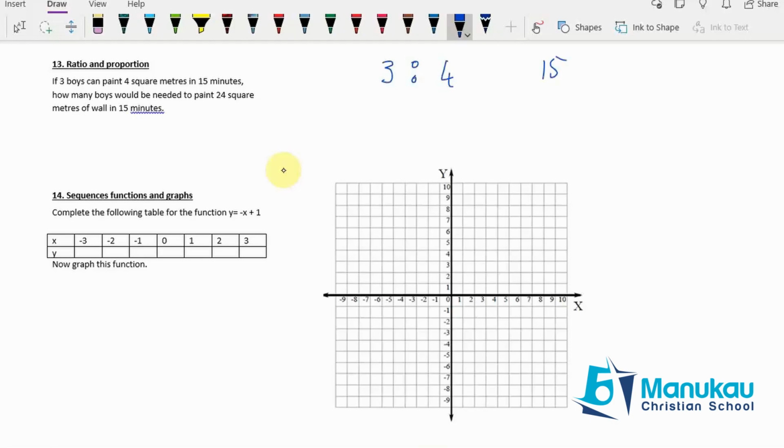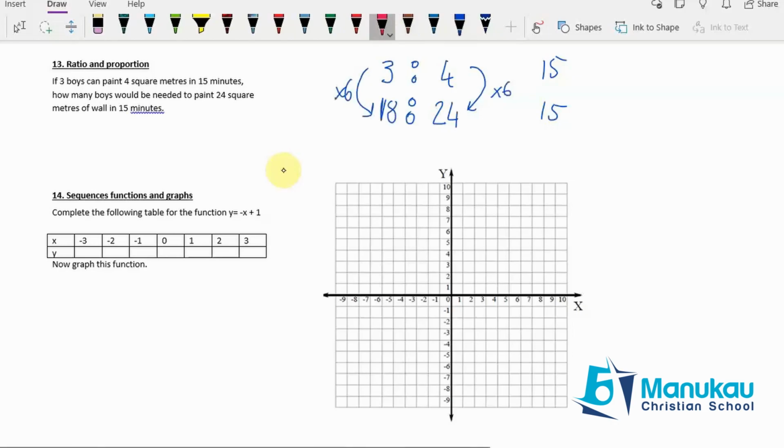Yep. And that's exactly right. So our answer is 18, and we're good. All right, well done. That's good strategy. I like that. Let's look at the next one, number 14 here.